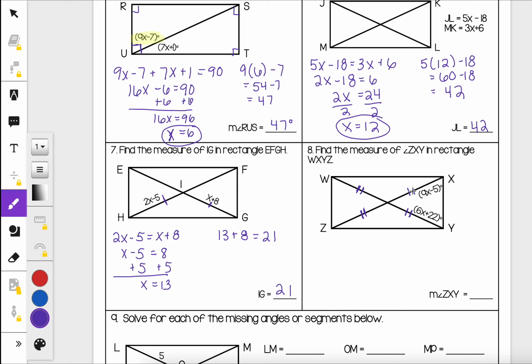So if I look at these pieces of my diagonal, I can see that I have a triangle with two sides that are congruent to each other. That's going to be our isosceles triangle here.